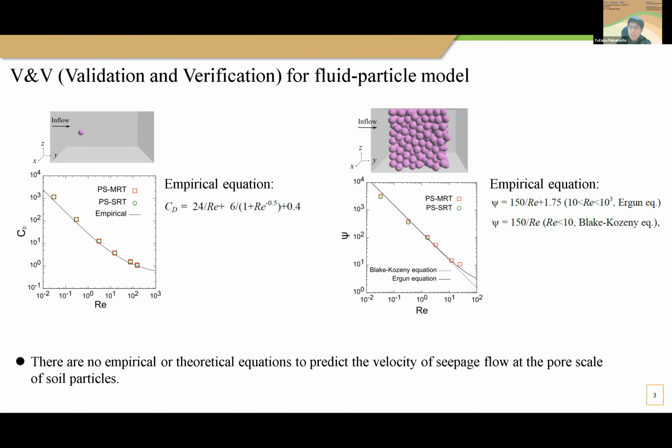One way to verify the validity of such numerical analysis methods is to compare with some empirical equations. These empirical expressions are based on macroscopic seepage behavior. In other words, there are no empirical or theoretical equations to predict the velocity of seepage flow at the pore scale of soil particles.